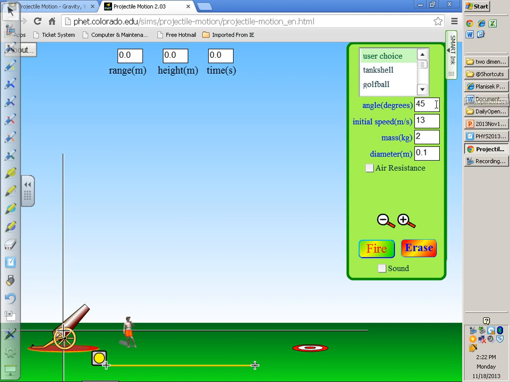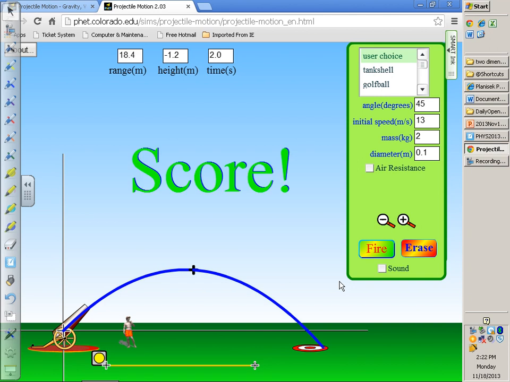I picked 45 degrees for a reason that we'll see in a little bit. I've set my cannon to shoot this cannonball at 13 meters per second at an angle of 45 degrees. We shoot it off, and yay, we hit the target. Not that I was trying to do that, it just happened.